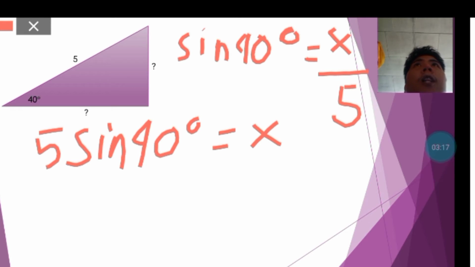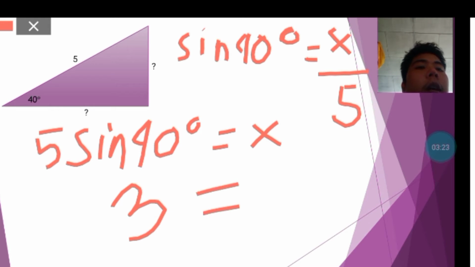Based on the calculator, the value of x is 3.